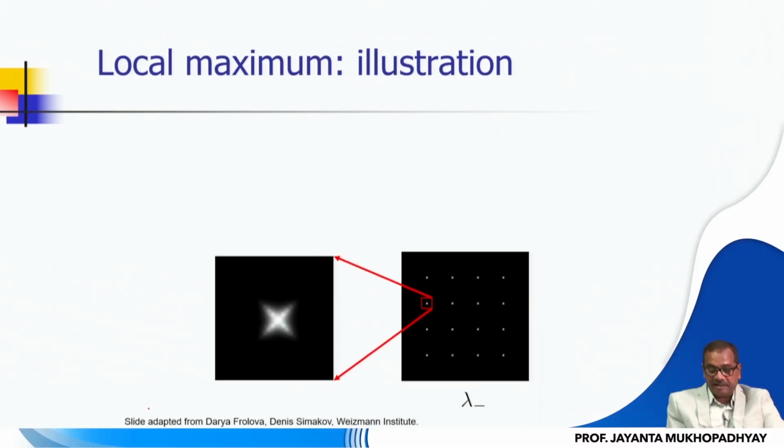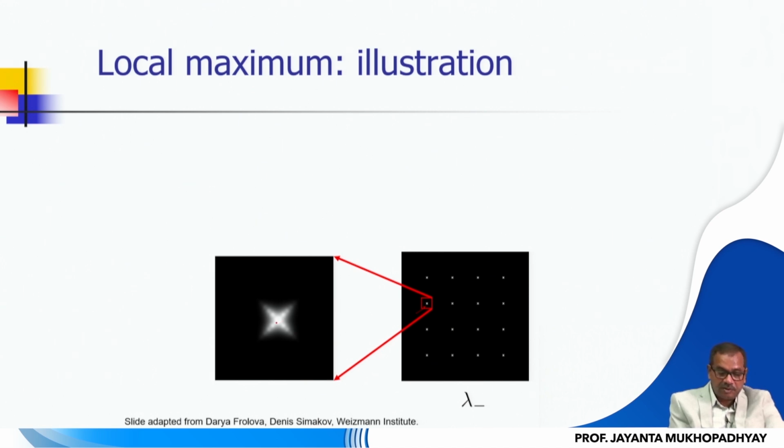So here we have illustrated how the neighborhood of a point looks, where we find the distribution of the minimum eigenvalue. As you can see, it takes this kind of pattern for that image.